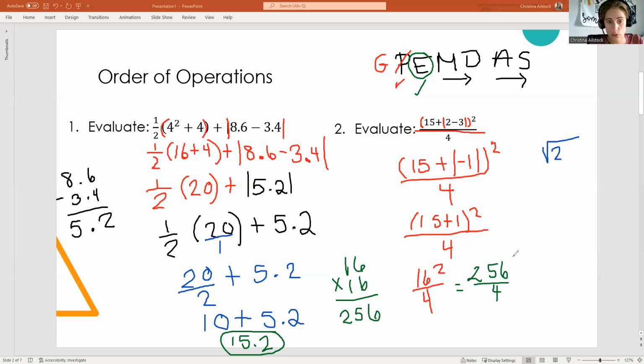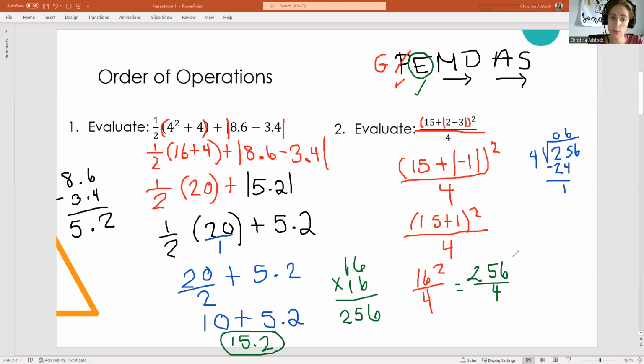So we have 256 divided by 4. How many times can 4 go into 2? 0. So now I see how many times 4 can go into 25. It can go 6 times. 6 times 4 is 24.